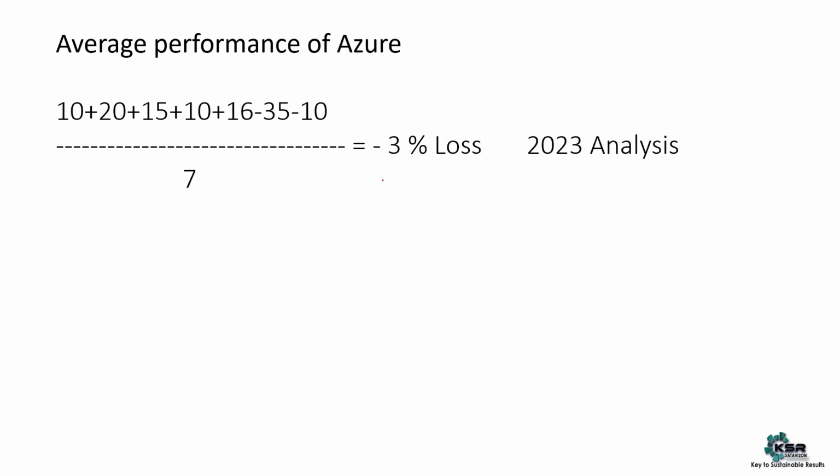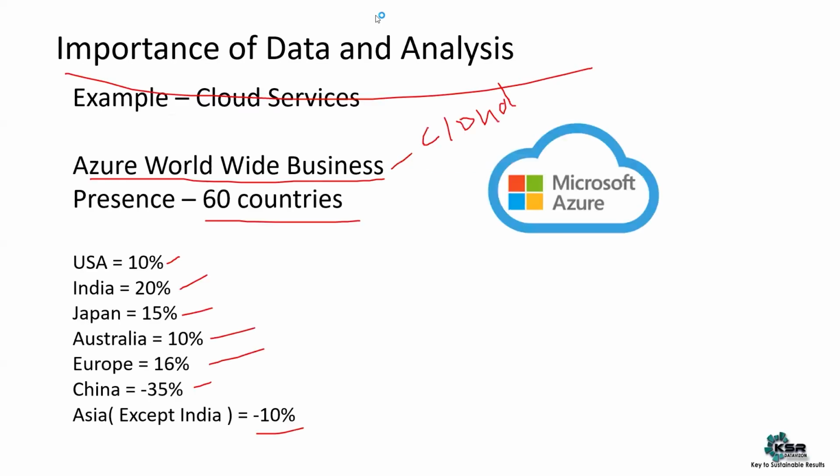If you compare this, there is a loss of minus 3%. So do you think Azure revenue is going down? With this information, would you think Azure revenue is going down? Again, I'll go back.